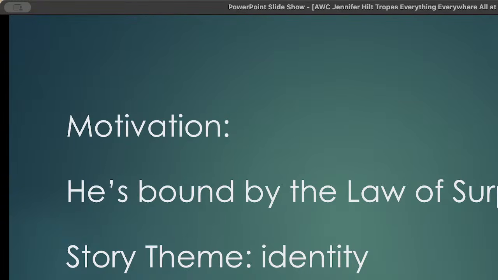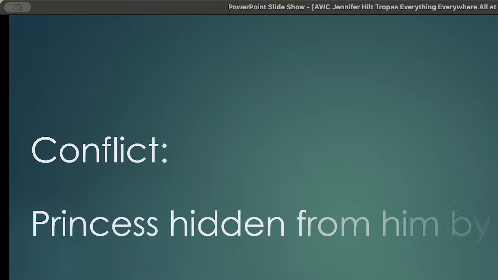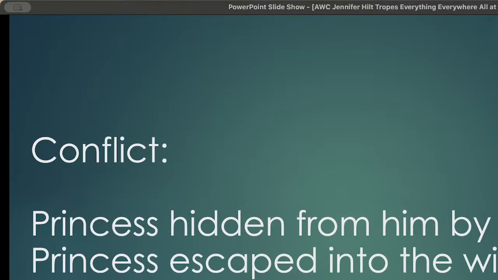And conflict is really, when we talk about goal, motivation, and conflict, we want our goals and our conflict in as much opposition as possible. So he's trying to find Ciri, the young woman, the princess, and she's being hidden from him by the queen. She's escaped into the wilds, and antagonists are hunting her.